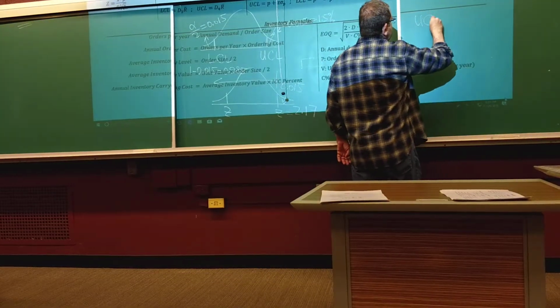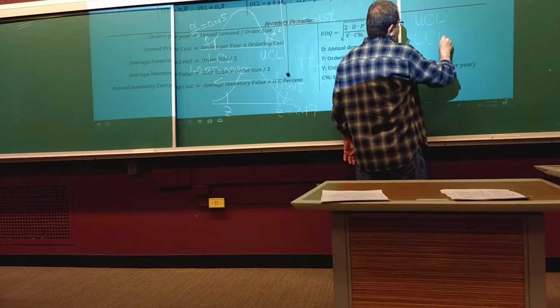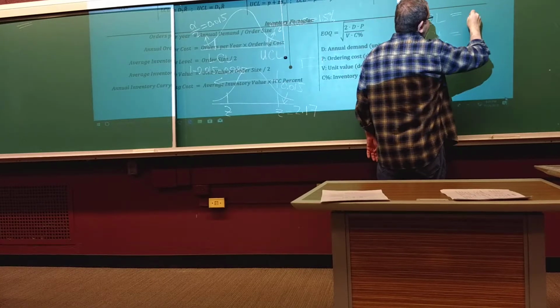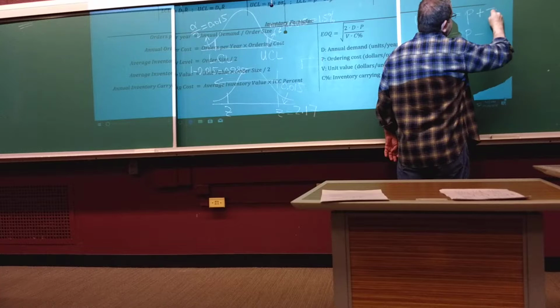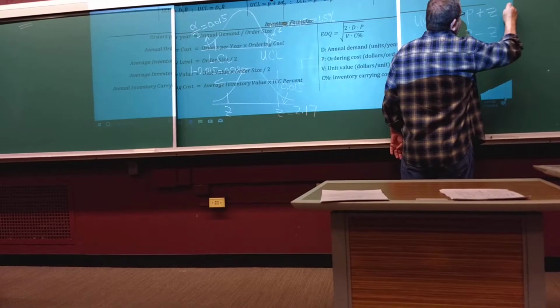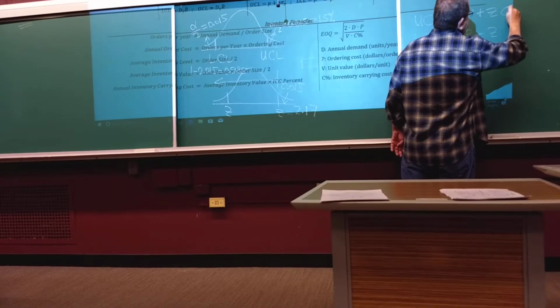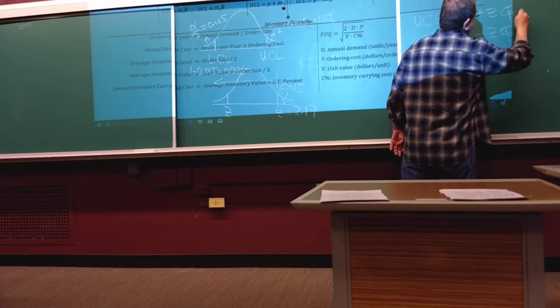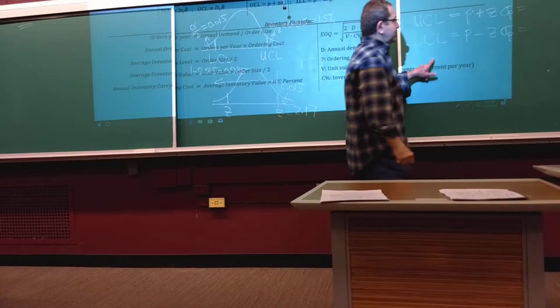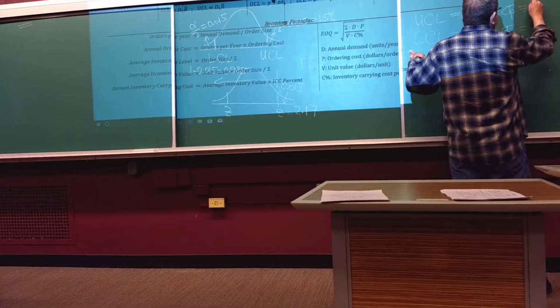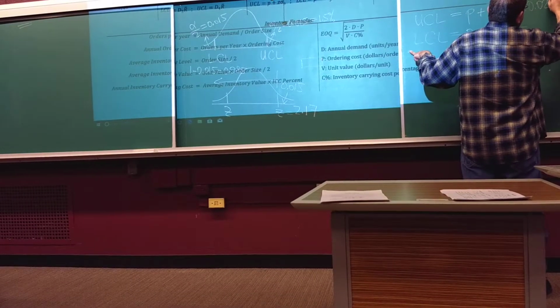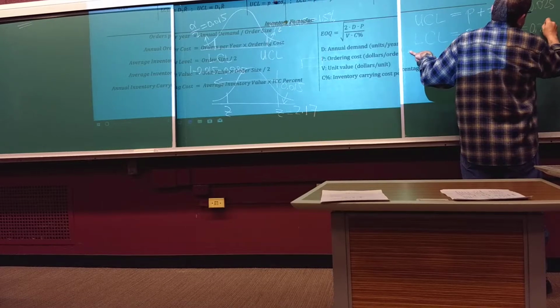The upper control limit, lower control limit, P plus minus Z times sigma sub P. So these are the formulas. P is 0.025 or 2.5%.